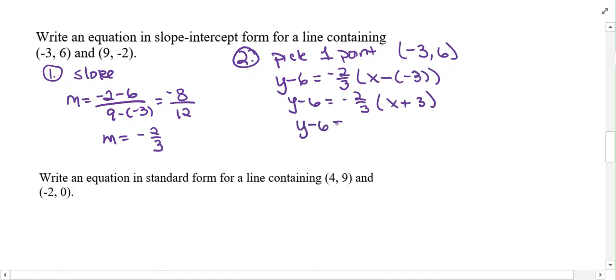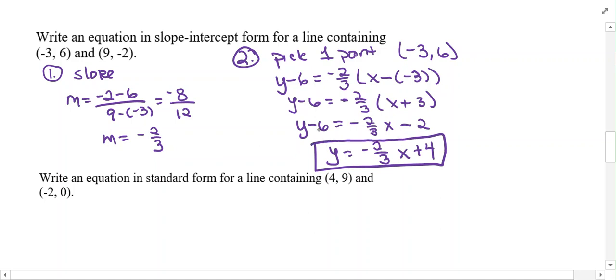I have y minus 6 equals -2/3 x minus 2. Add the 6 to both sides. I have y equals -2/3 x plus 4. And that's my final answer.